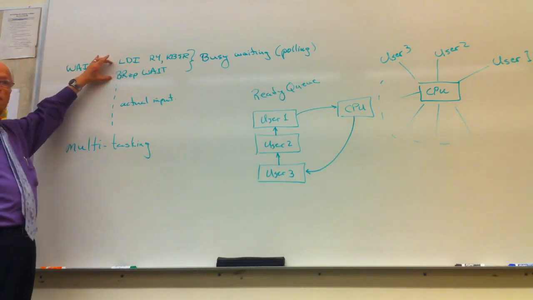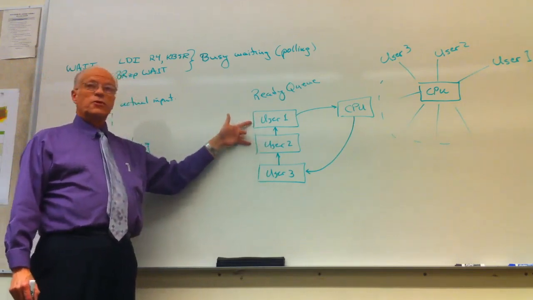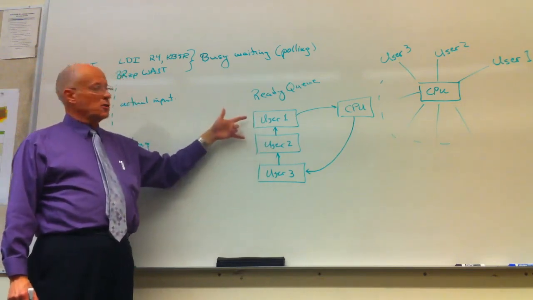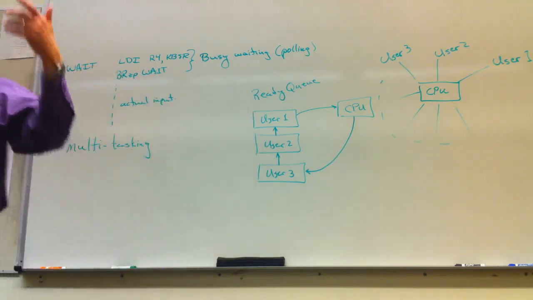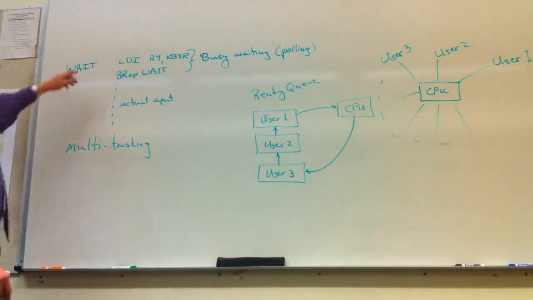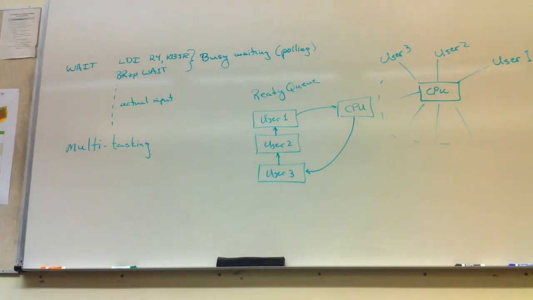Nothing's really being accomplished. 1/3 of the time, after these two have used their time slices, then user 3 comes in, and finally the CPU gets to do something for a little while, drops out, comes back in, picks this up. Again, since we're talking orders of milliseconds, most of us can't type 2 characters in a millionth of a second or a thousandth of a second. So it's probably still going to be sitting there just looping.